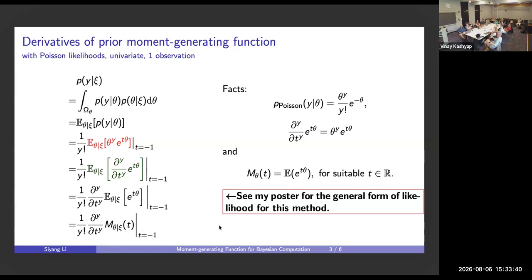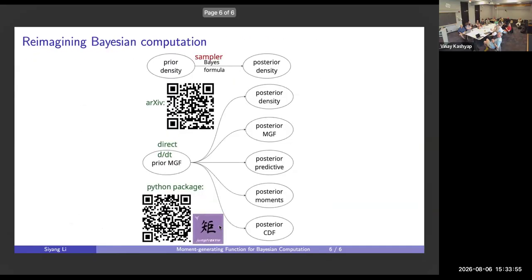And also, there's the funny thing: is it the order of the derivative or the evaluation point? You do one or you do the other, and you get the posterior moment. Yes, I think I've briefly talked about this when I was describing the slide. That trick can be used to compute all these posterior quantities. For the posterior MGF, it's simply differentiating the prior MGF to the same order, but evaluating at different points, and then taking their ratio.